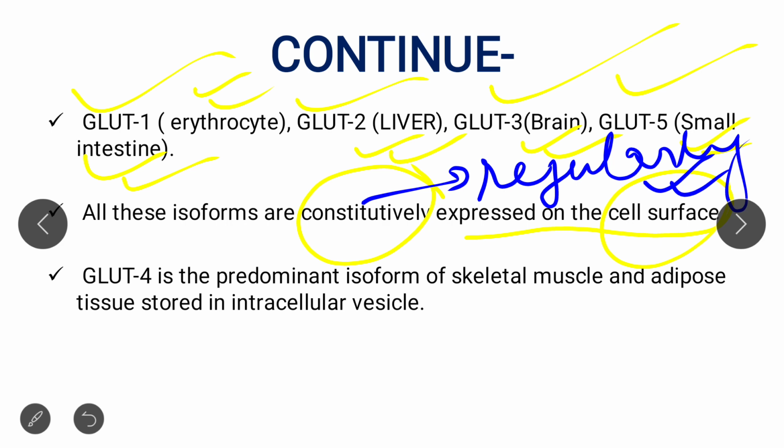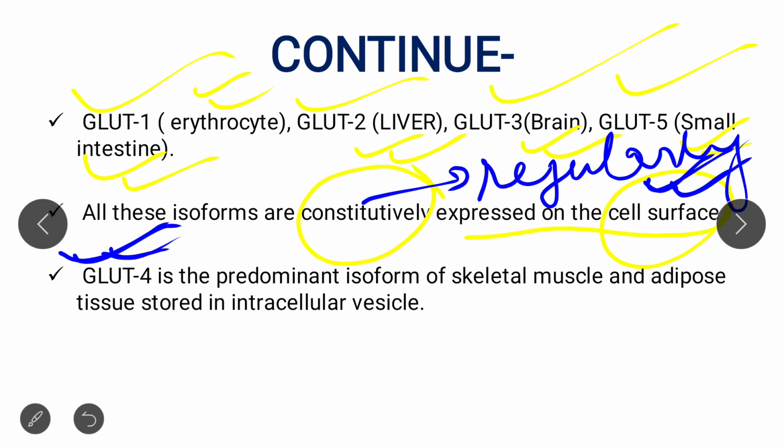So if a question is asked, which one of the following GLUT is not expressed on the cell surface, and the options are 1, 2, 3 and 4, the answer will be GLUT4. GLUT4 is the only GLUT which is not expressed on the cell surface.